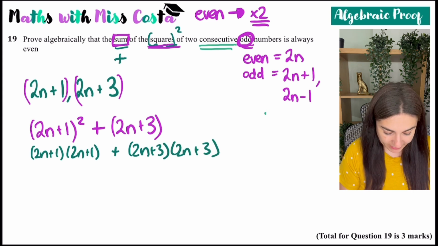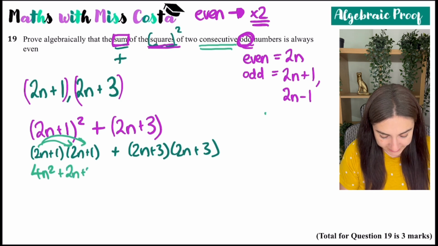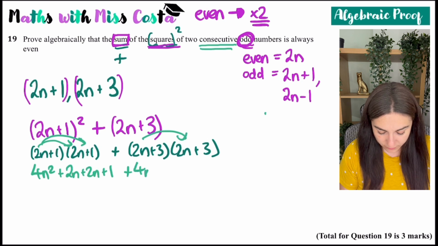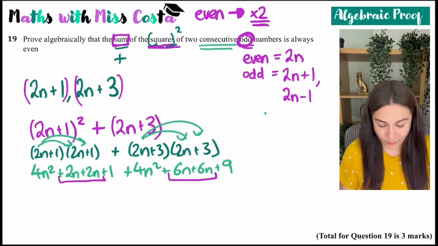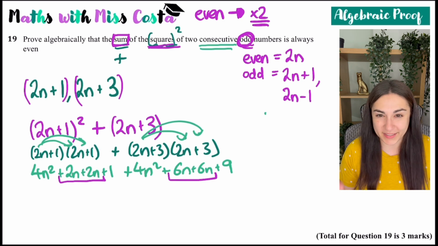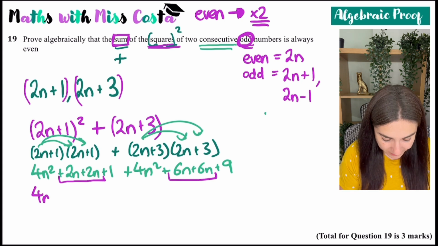This is just an expanding brackets exercise, so I'm going to do this quickly. So 4n squared plus 2n plus 2n plus 1, and then plus 4n squared plus 6n plus 6n plus 9. Some of you might have noticed that when you're expanding brackets like these, the middle two terms always combine, so you can skip that step, but it's better to be safe than sorry.